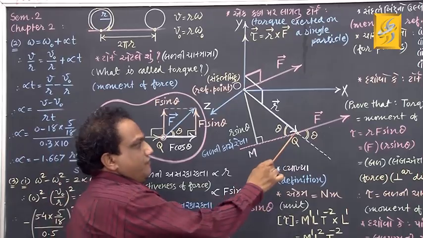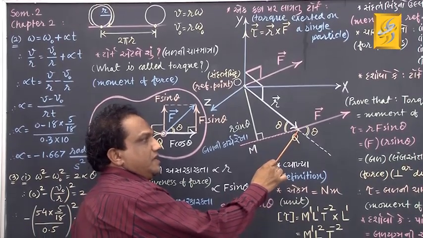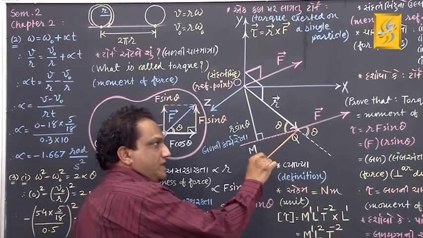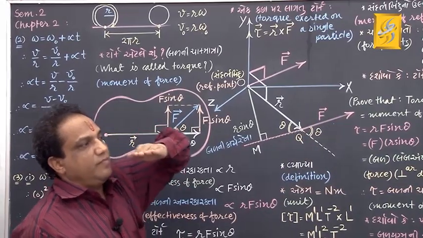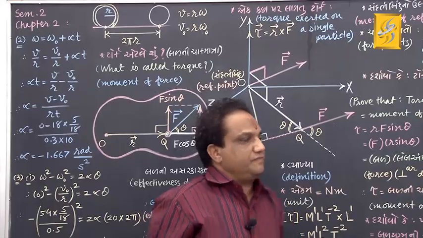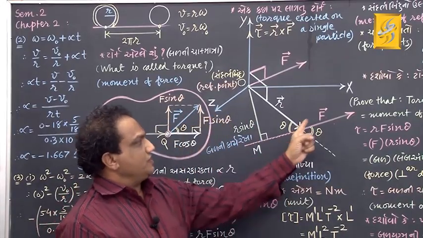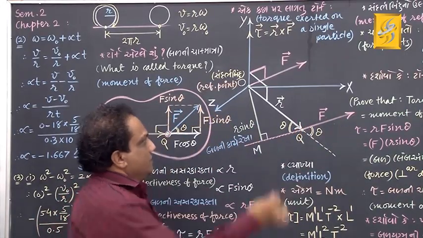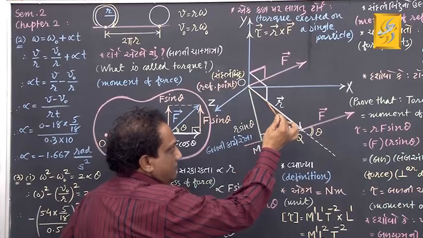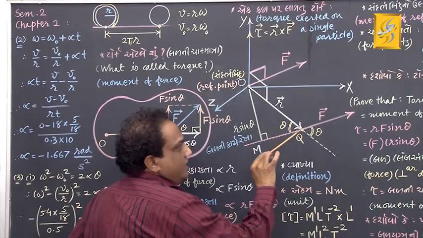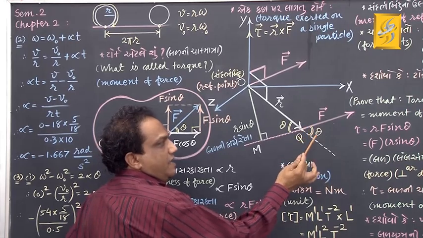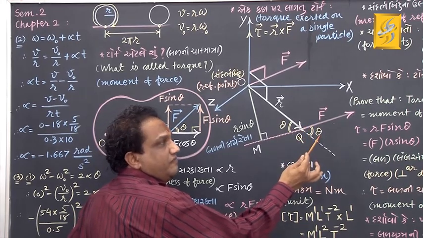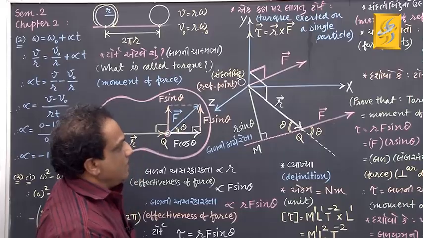Now suppose the force exerted on this particle is in this direction, which is lying in the same xz plane. That force is vector F. This is the direction of vector R, this is the direction of vector F, and hence this much is the angle between them. Fine.